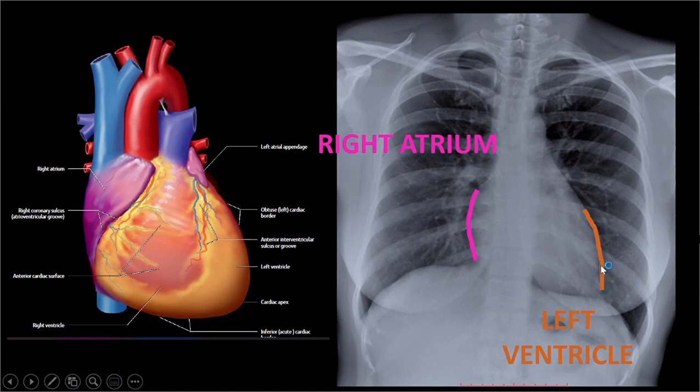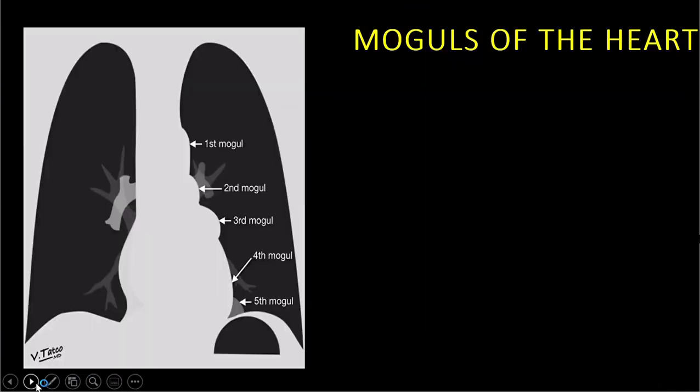Remember also the cardiac apex, because some radiologists would also describe certain pathologies of the heart using the term cardiac apex, which is the tip, actually, the angled portion at the inferior portion of the left side of the heart. And centrally, here at this portion is your right ventricle.